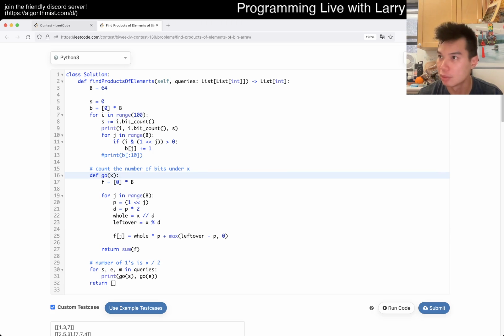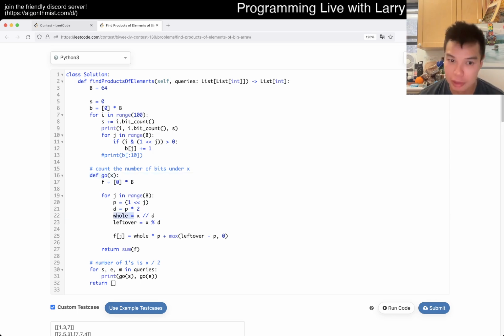If we have 2, what happens if we have 2? We go, this is 2, this is 4, whole is going to be, for 2, did I mess this up? 0, 0, 1, 1, right?